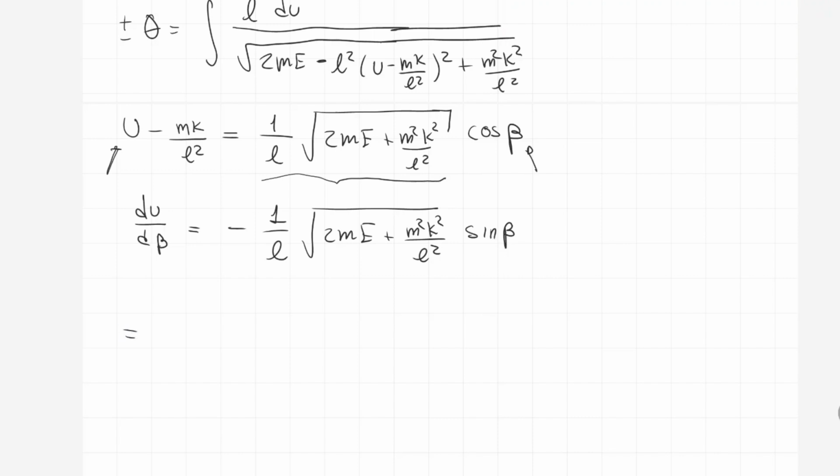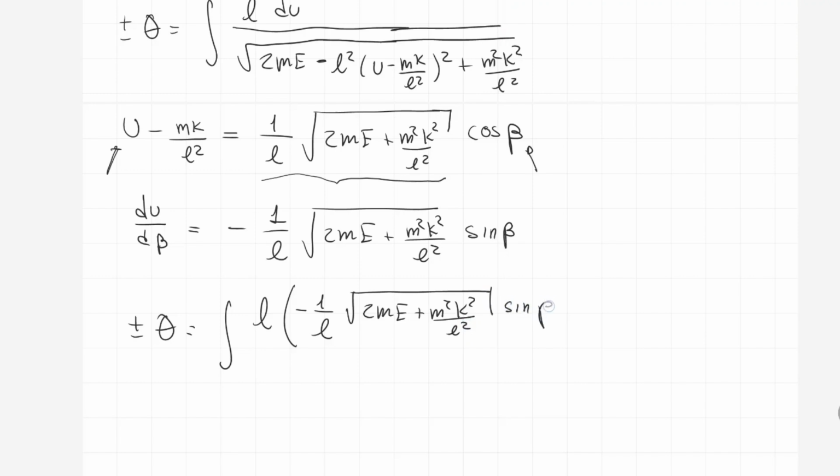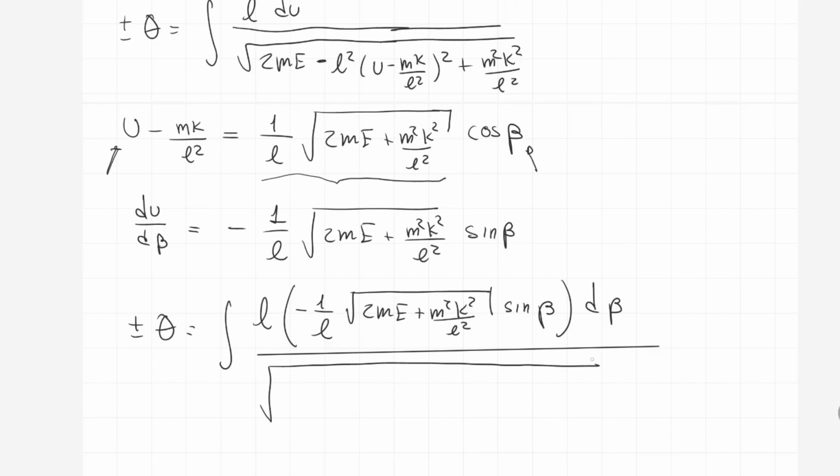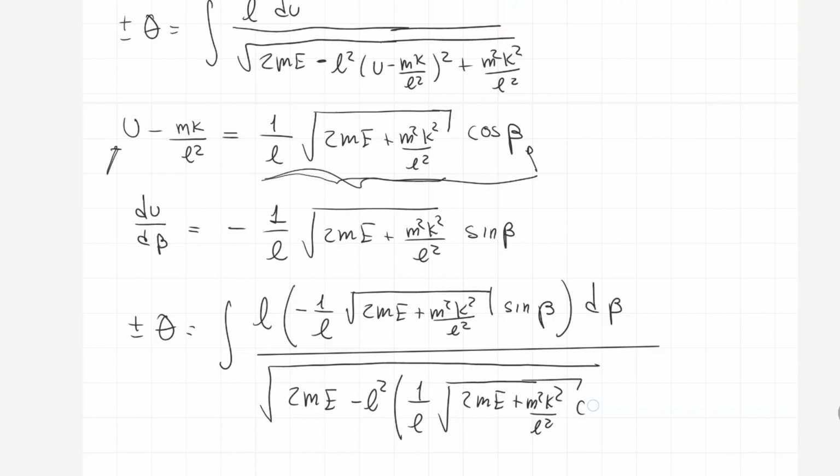If we substitute this in the integral, we get that plus minus theta is equal to the integral of L times du, but du is negative 1 over L times the square root of 2me plus m squared k squared over L squared sine beta d beta, all over the square root of 2me minus L squared times this whole thing here, which is 1 over L times the square root of 2me plus m squared k squared over L squared cosine beta, squared, plus m squared k squared over L squared.